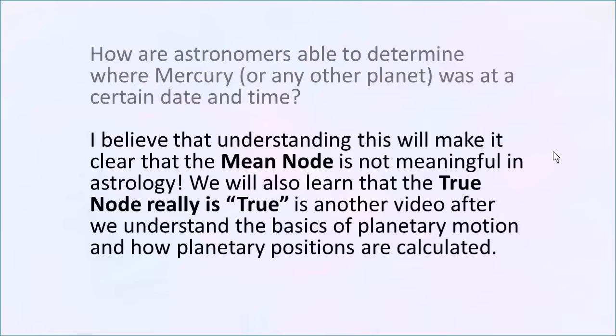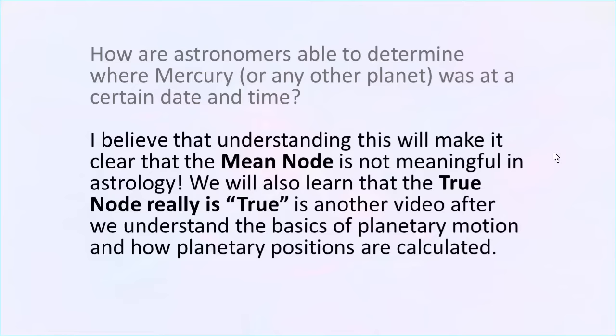And is the true node really true? In other words, is the true node where the moon's node really is? And some astronomers, who are also astrologers, say that the true node is not necessarily where the moon's node really is, but we've done some additional investigations, calculations, and analysis, and we've determined that the true node really is where the moon's node is.